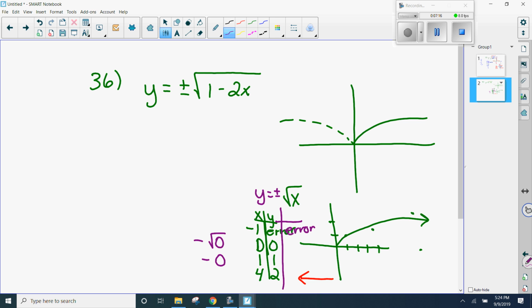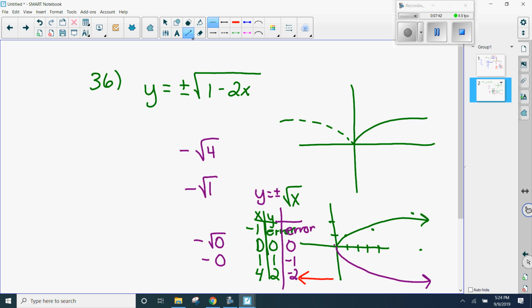The negative in front of it makes it -0. 0 is neither positive nor negative, so you get 0 again. If you put 1 in, you're going to get the opposite of the square root of 1, which is -1. If you put 4 in, you get the opposite of the square root of 4, which is -2. That means your graph's going to do something like this.